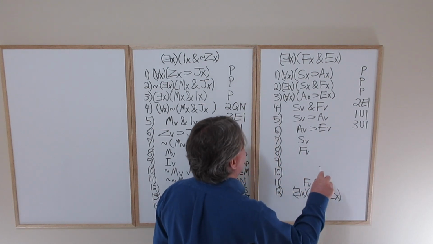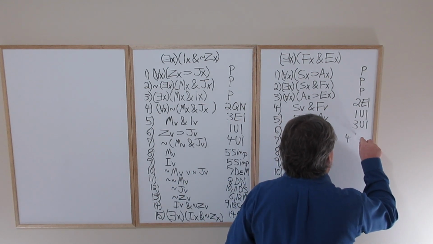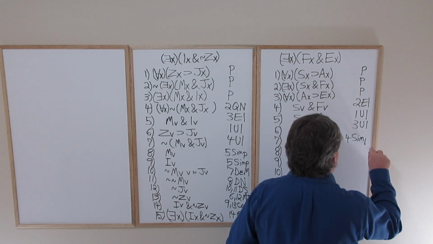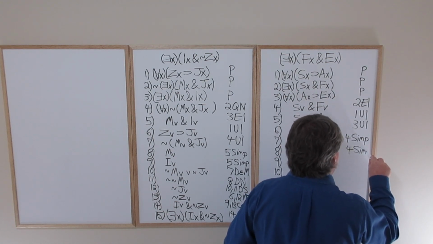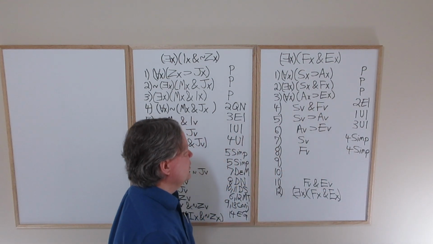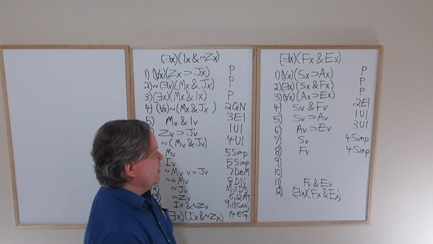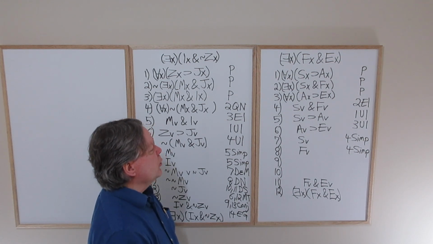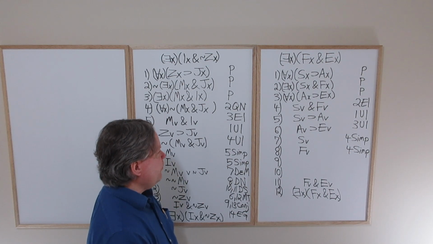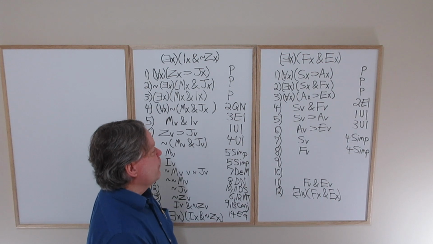We start off once again with a couple of simplification steps. Now, we could do 2 modus ponenses, or we could do a hypothetical syllogism and a modus ponens.